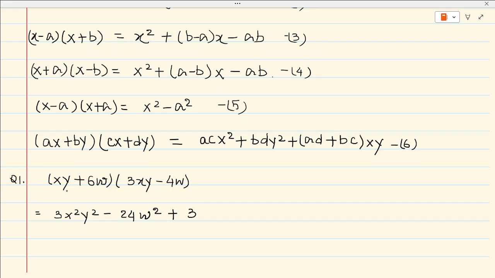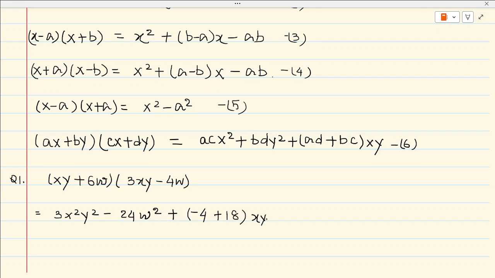Now cross xy with 4w, so inside the bracket you can put minus 4 xy w, and this with this, 6 with 3, 6 threes are 18, so plus 18.